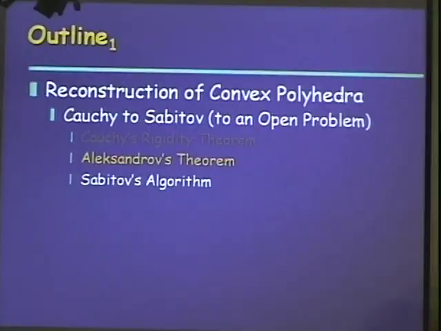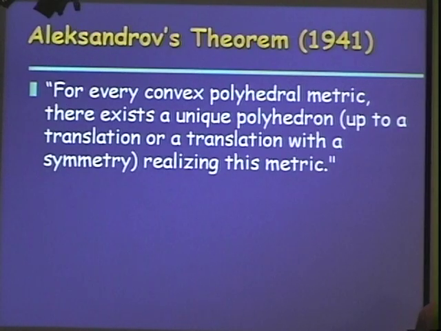So let me hold that for a minute and turn to Alexandrov's theorem, which is very much related to Cauchy's rigidity theorem, and perhaps less well known, but more important for what I'm doing here. And the various versions of this, I don't find all that clear. This is from Alexandrov's book on convex polyhedra.